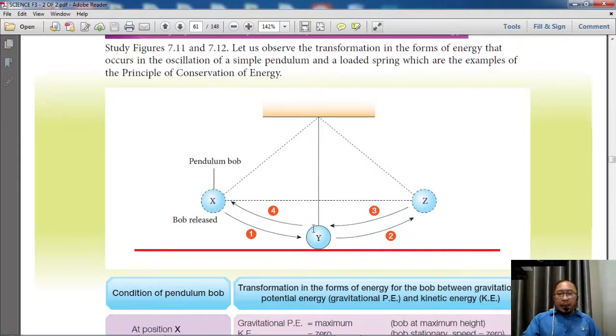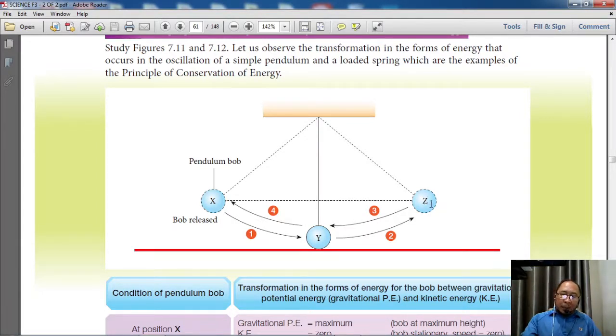And then when this ball is at the static position, the energy possessed by this ball is potential energy.